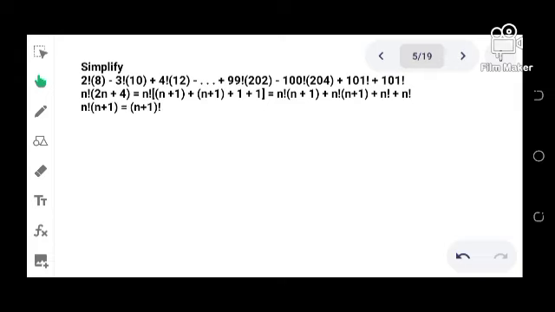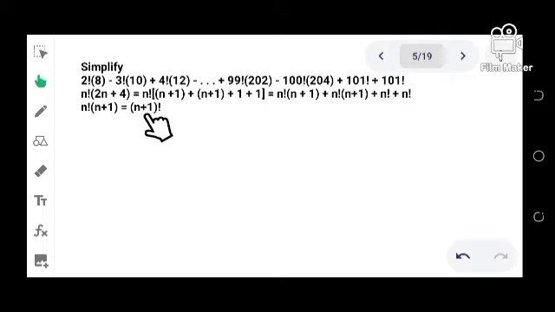Now, we simplify this. Take note that n factorial times n plus 1 is just equal to n plus 1 factorial. This is because if you have n plus 1 factorial, remember that a factorial is just equal to the number multiplied by the product of the numbers preceding it.